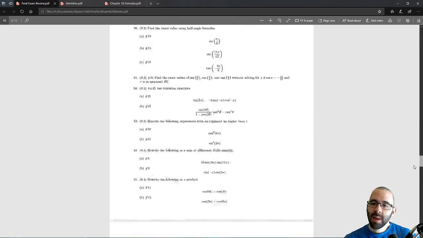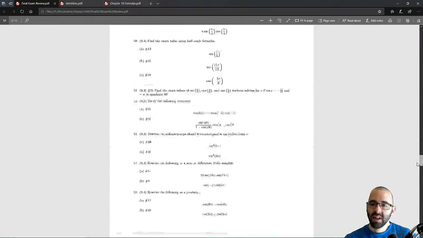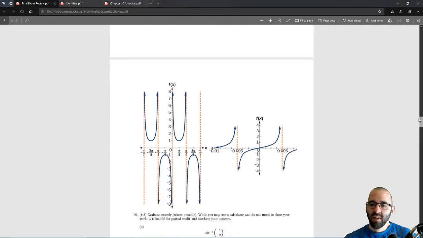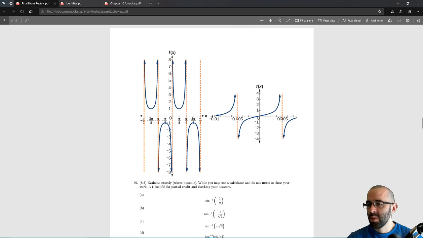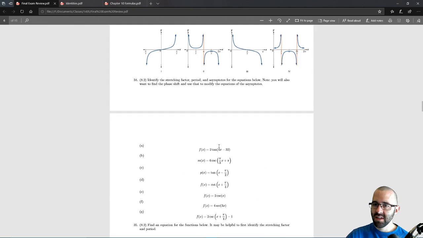You should still be able to graphically identify the asymptotes. You should be able to say, okay, the asymptotes are at negative 0.005, 0.005, etc. Or, the asymptotes are at x equals 0, x equals pi over 4, x equals pi over 2. Or if you want to be flashy, you can say x equals pi over 4 times k. That's more important, but it's less likely that I will just give you an equation and say, hey, find the asymptotes.